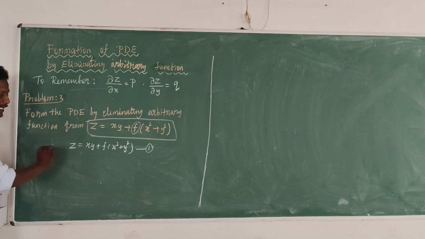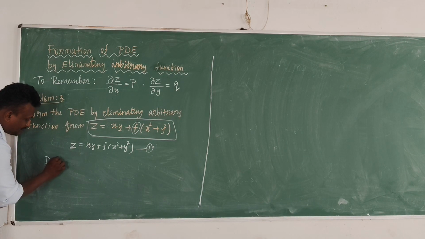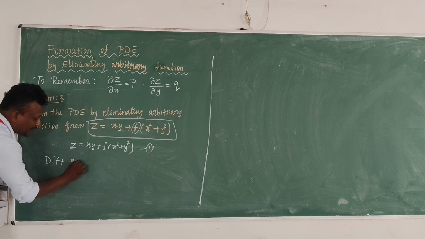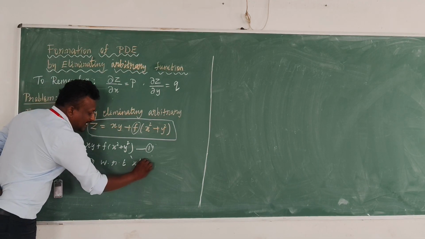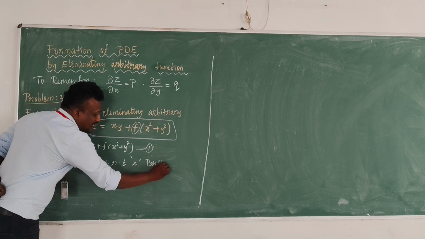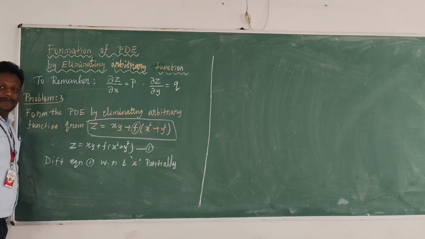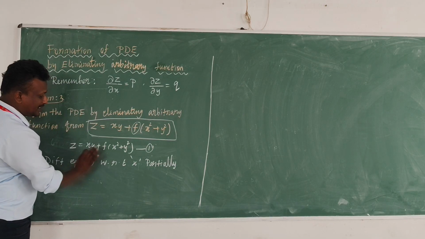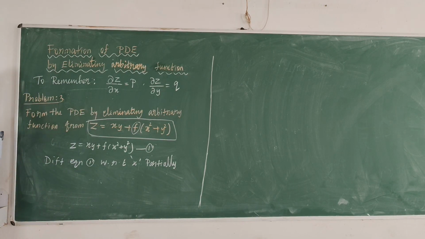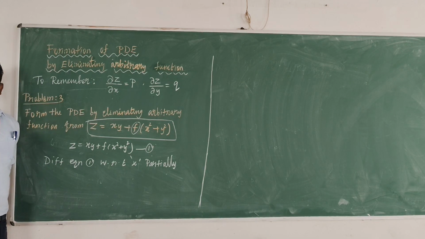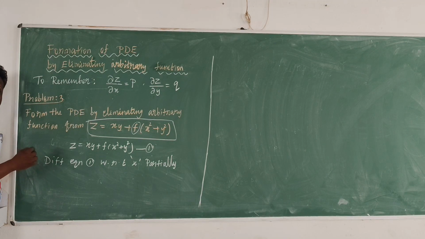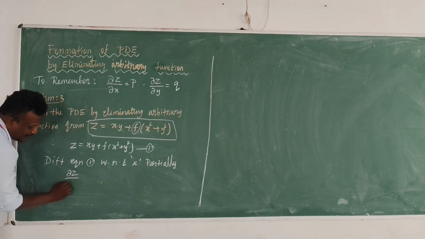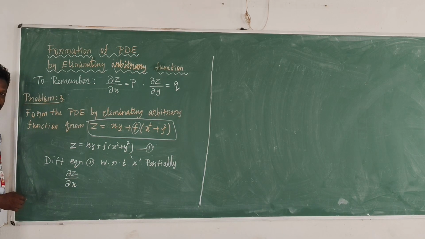First, we need to differentiate equation 1 with respect to x partially on both sides. When you differentiate z with respect to x, what is your answer? It is ∂z/∂x.